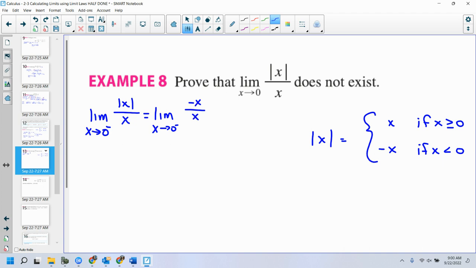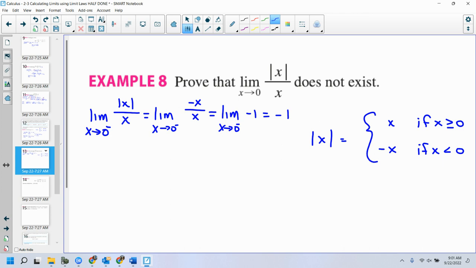Well, what does that equal? What does negative x over x reduce to? Negative 1. Limit as x goes to 0 negative of negative 1. And the limit of a constant is the constant. So the limit on the left side of this thing is negative 1.